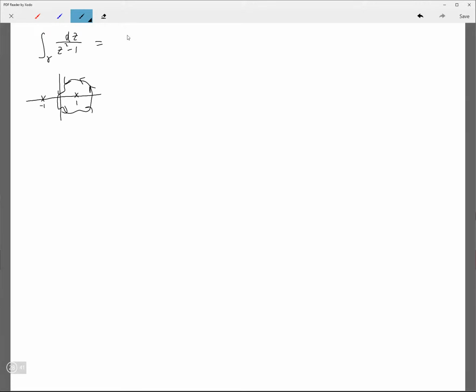Then what you can argue is that this denominator is z minus 1 times z plus 1. The z plus 1 is not a problem, so you can pull that to the numerator as a 1 over z plus 1, and then dz. So then in Cauchy's integral formula, your f of z is 1 over z plus 1.